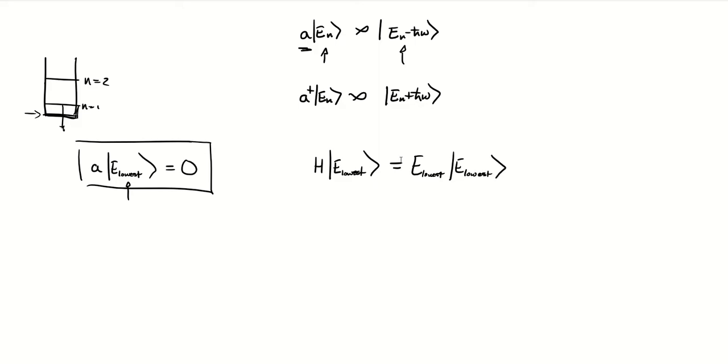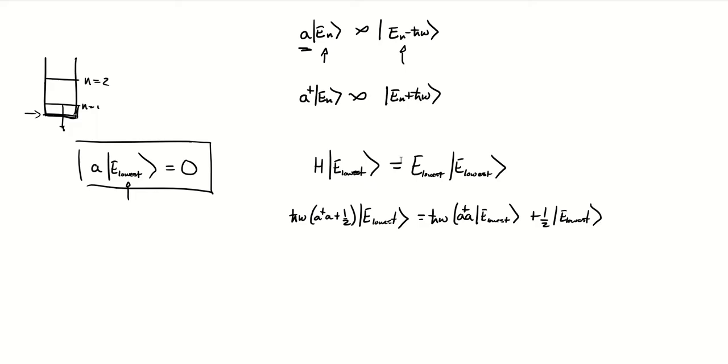And we're going to do that. We know our Hamiltonian is h bar omega a dagger a plus 1/2. If we act on E lowest, this ends up being equal to h bar omega a dagger a E lowest plus 1/2 E lowest.